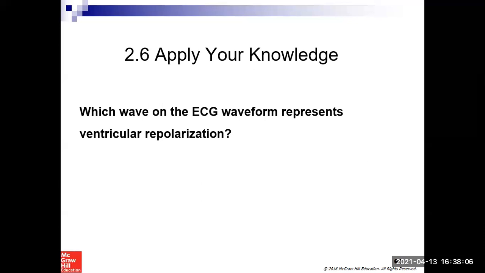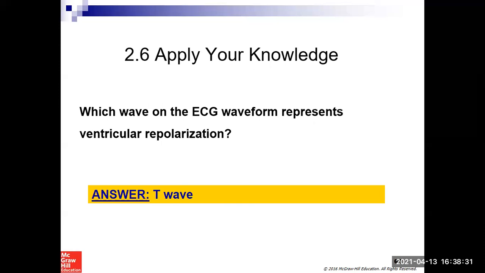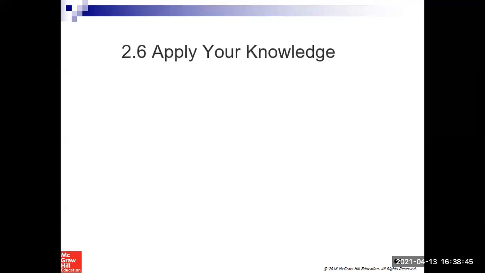On the sheets that I've already given you, it may just have the letters there, but go ahead and include what's in the table on page 42 beside the letters on one of your pages. You have multiple pages. You can include it on either one of them. Your T wave, and it says that here, is ventricular repolarization. Don't get scared. Just look at it. It's simple. Read it and memorize it.